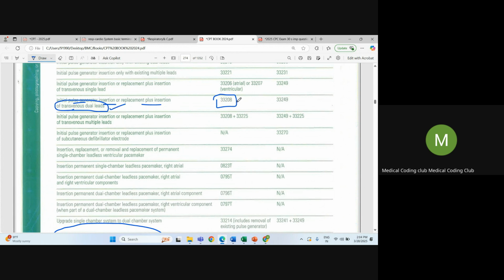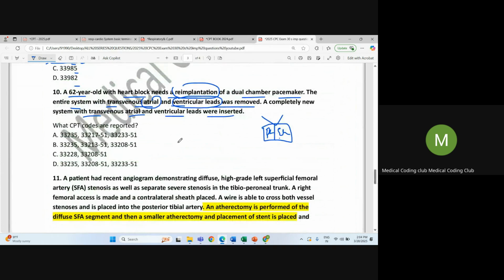Okay, 33208 is correct, so you need 3 codes, and all 3 codes are there in option D: 33235, 33208 and 33233. Modifier 51 will be utilized in this pacemaker coding. So note down the answer.